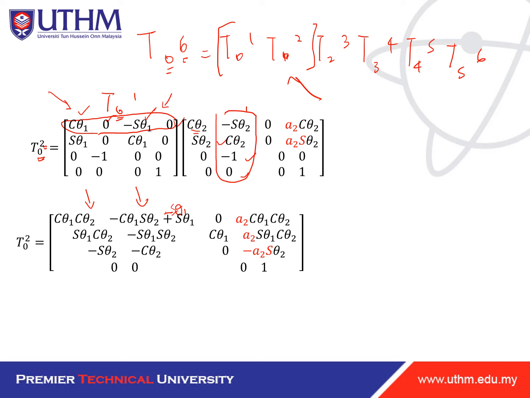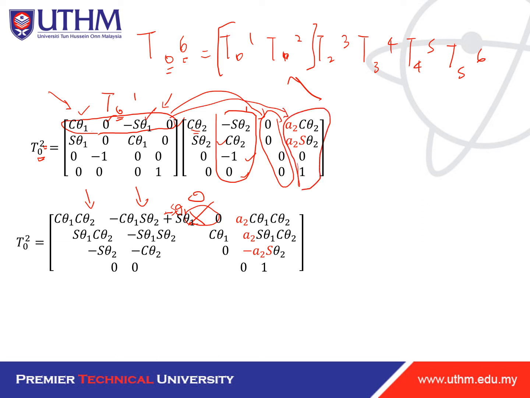Next we will go for the third part here. We multiply this one with this one, so we will get this part here. Because everything is 0 on this part, so it will become 0. Next, we want to multiply this one with the final one here.